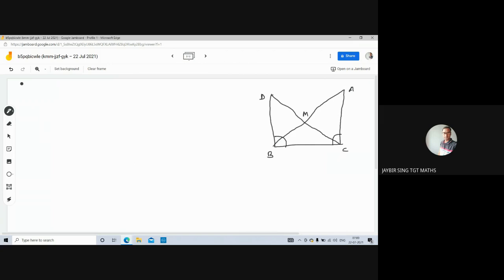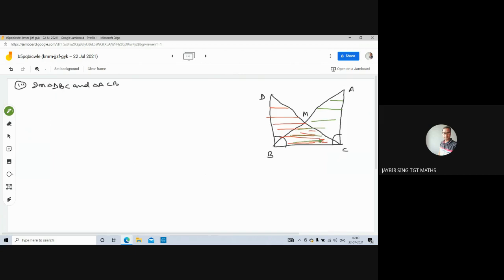Now part 3. In triangle DBC and triangle ACB, I'm just making marks on the triangles so that you can identify the triangles.